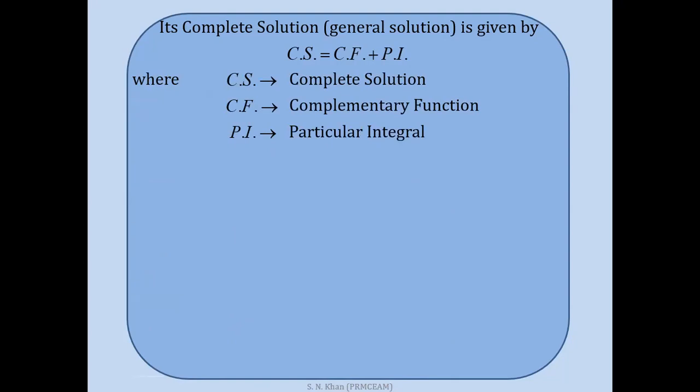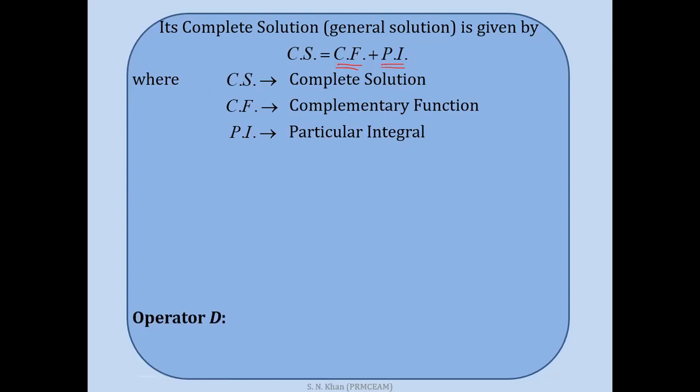So whenever we calculate the complete solution of this type of differential equation, there will be two parts of the solution. The first part is CF, the complementary function, and the second part is PI, the particular integral. So before going to the actual complete solution of differential equations, first we will see methods for finding CF, or how to calculate the complementary function.